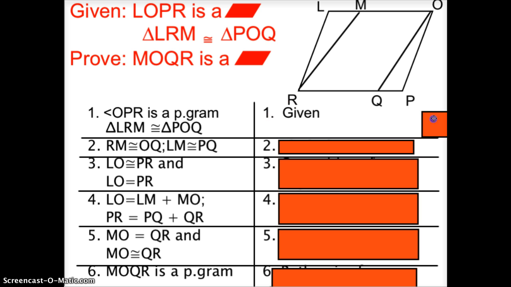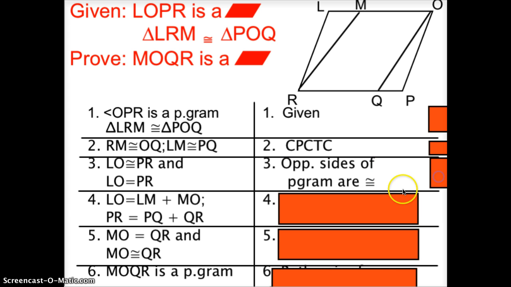Okay, hopefully you had given for step number 1. For step number 2, RM and OQ, LM and PQ are congruent by CPCTC. After that, LO and PR are both equal and congruent, because opposite sides of a parallelogram are congruent.